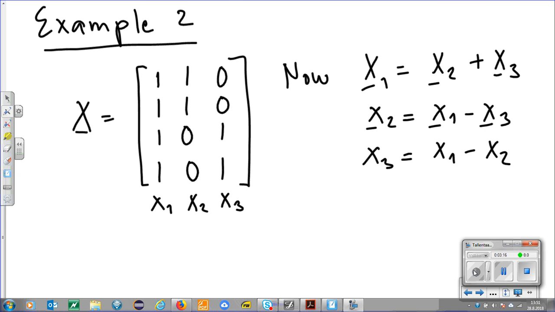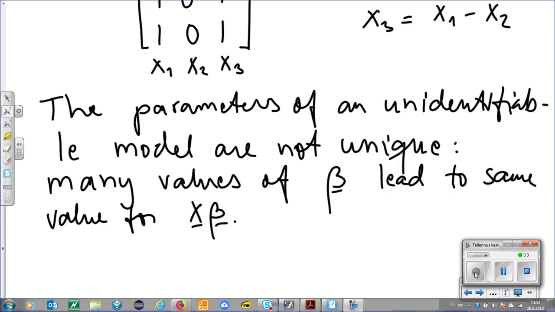Okay, why is this linear relationship of predictors a problem in the linear model? The problem is that if we have an unidentifiable model, the parameters of the model are not unique. This means that many values of beta can lead to the same value of xb.